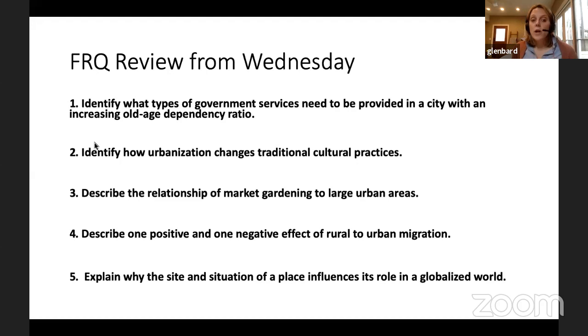Describing one positive or one negative effect of rural to urban migration. You would want to focus on some positives: access to stable food sources, access to better healthcare, access to better education would be some examples, but don't just say that.